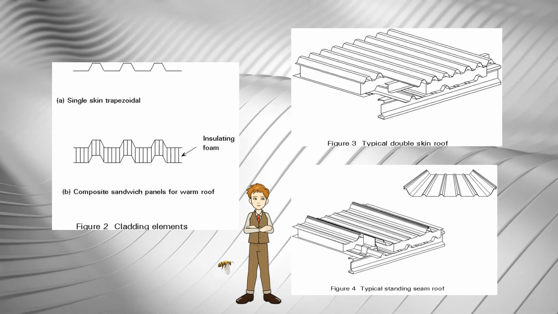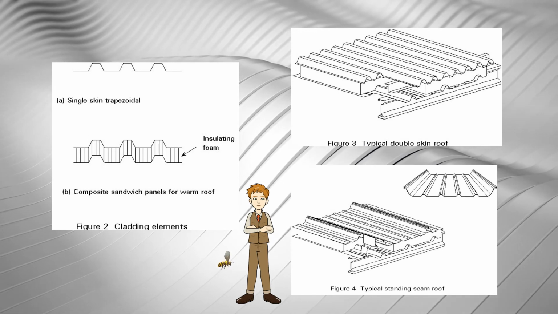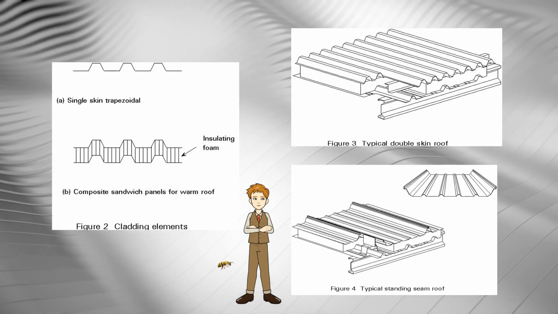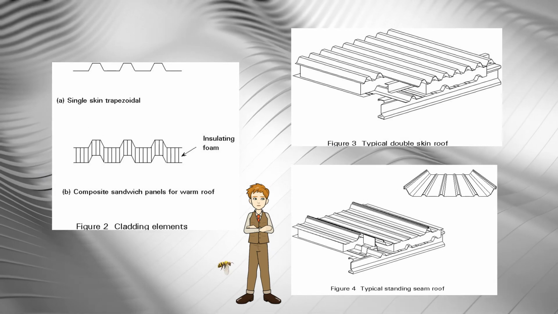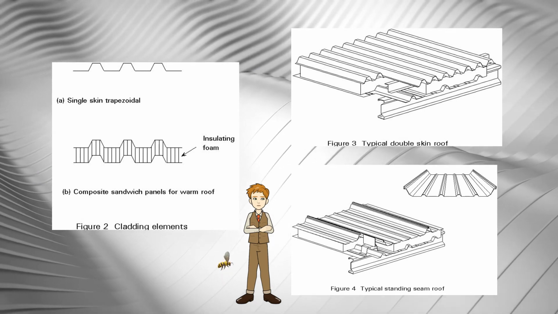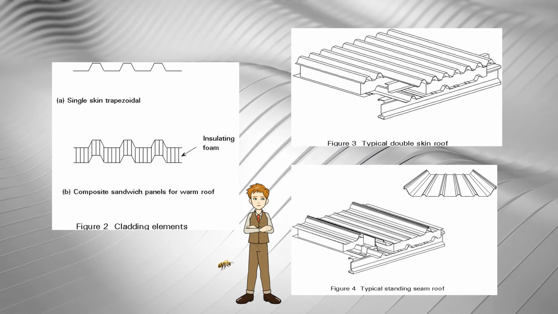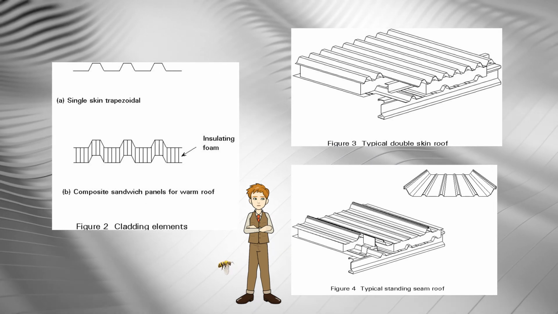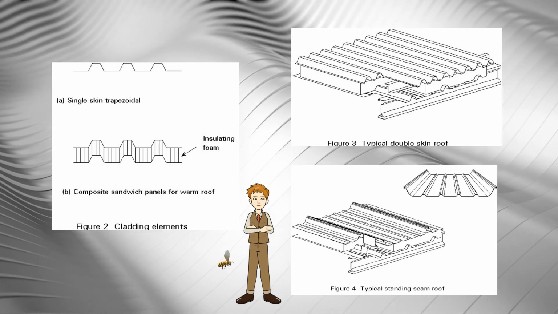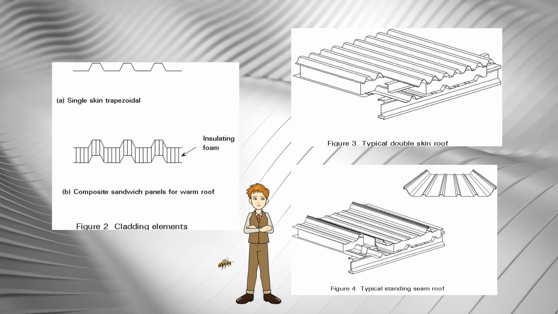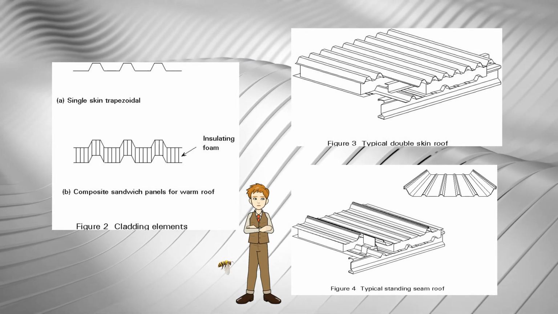Where double skin systems are used, the liner sheets, normally as thin as 0.4 mm, have a similar coating build-up, but with a light-colored polyester paint to the inner face. In addition to providing weather protection, the cladding provides insulation to the building.